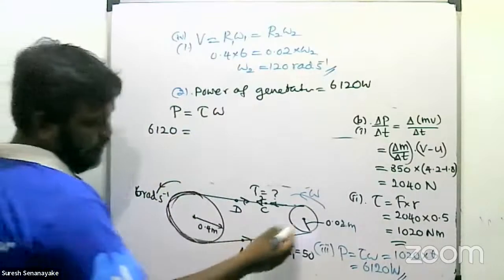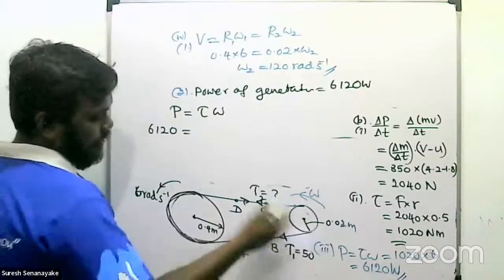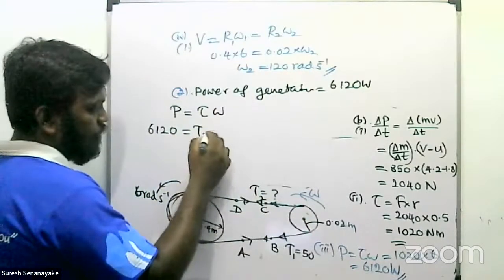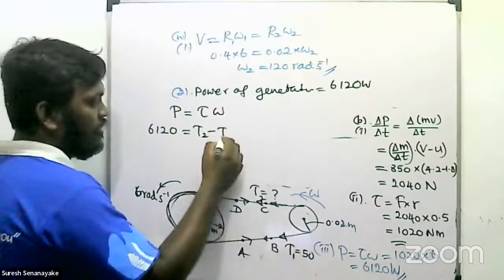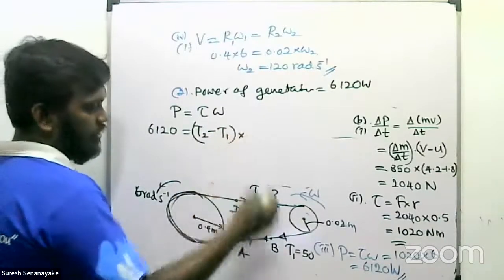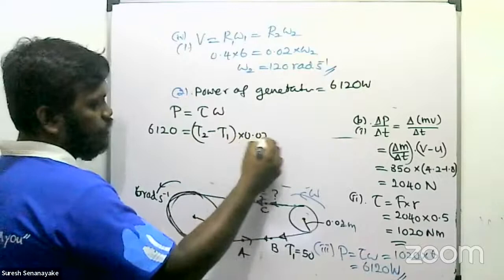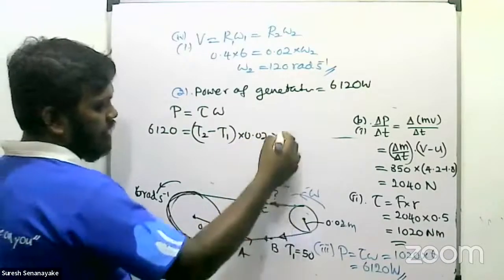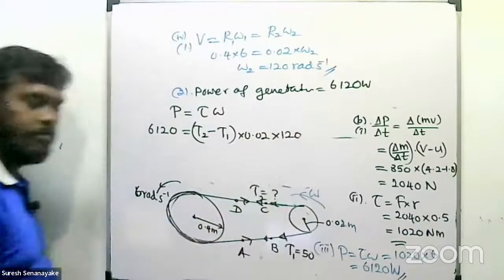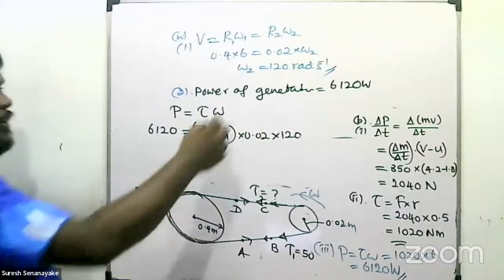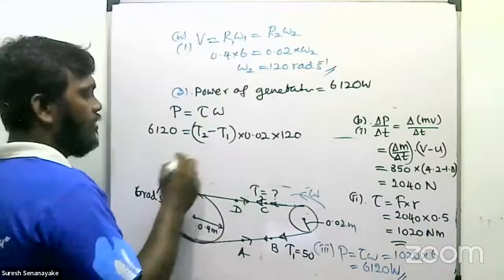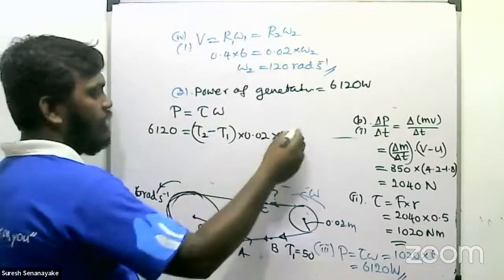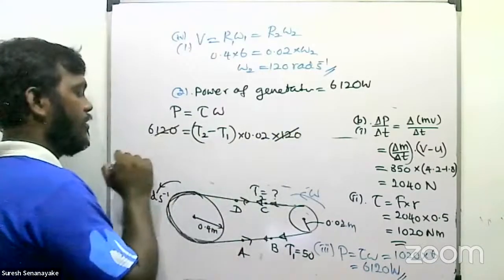The torque for the generator wheel is T2 minus T1 multiplied by the radius 0.02, multiplied by omega, which is 120. So omega you already found. Then you can simplify 120, that's 100.